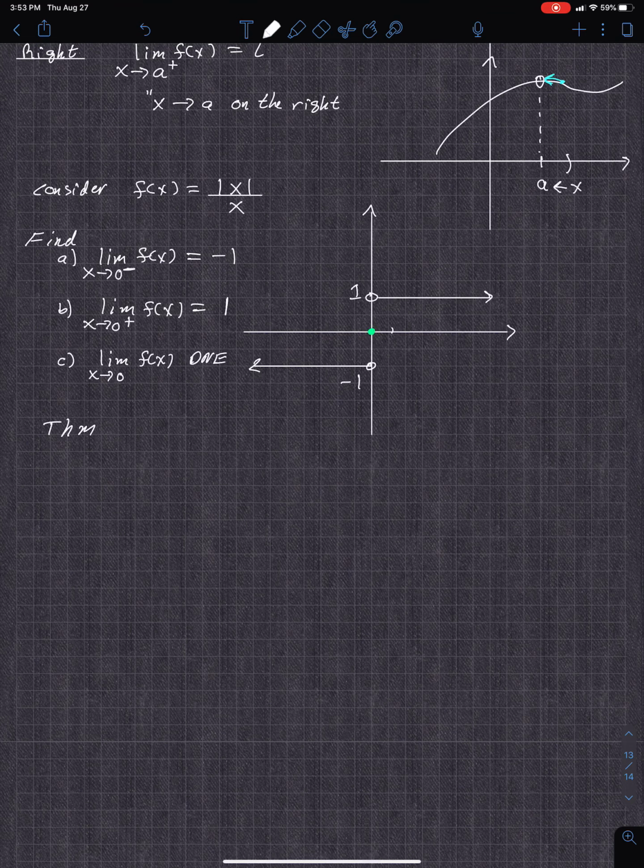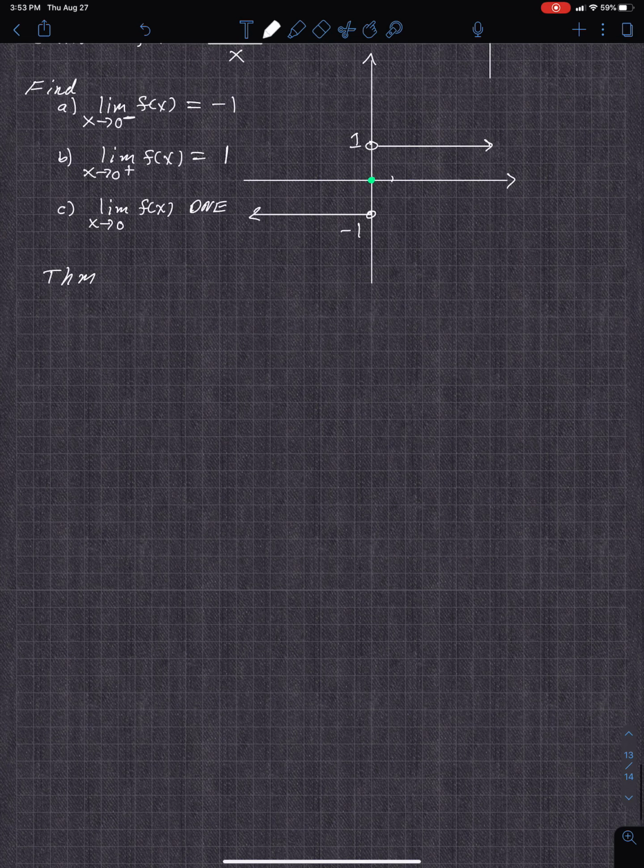It says the limit of f of x as x approaches a equals L if and only if the limit of f of x as x approaches a on the left equals L and the limit of f of x as x approaches a on the right equals L.